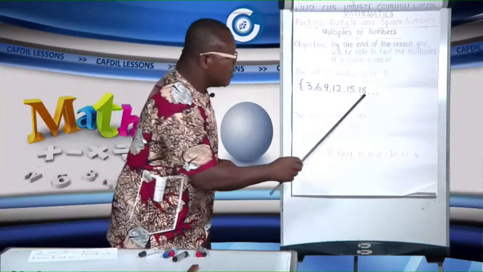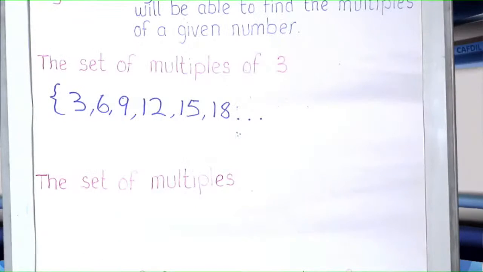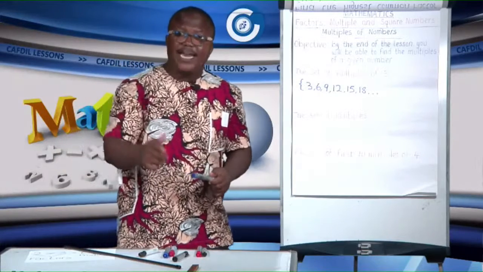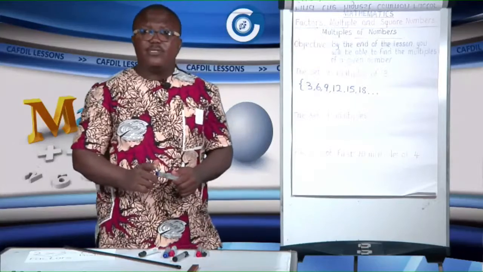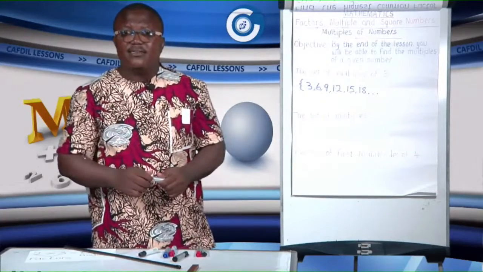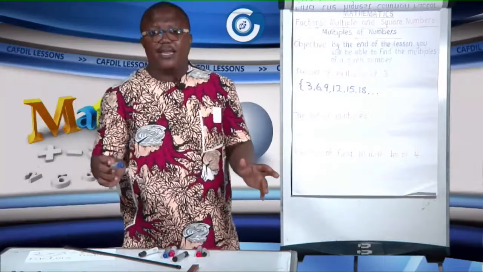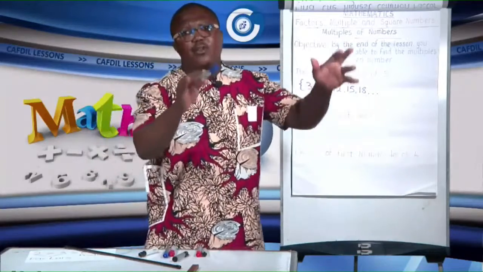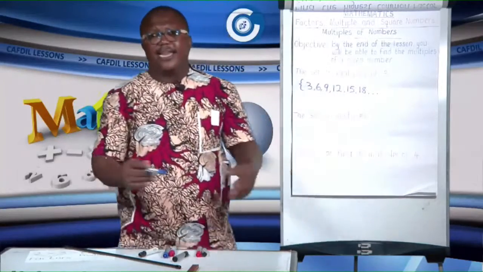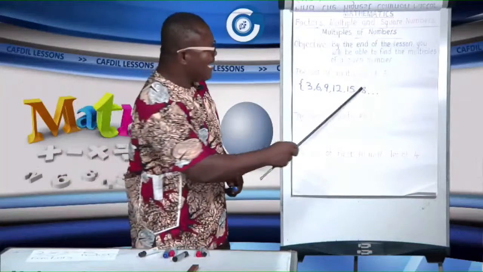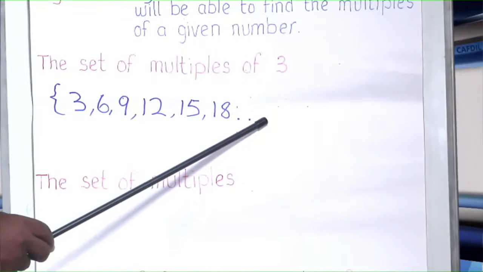The 3 dots, there is meaning to it. It means that it's infinite. And when we say something is infinite, it has no end. We can do it and do it and do it without ending. So this is telling us that it has no end.